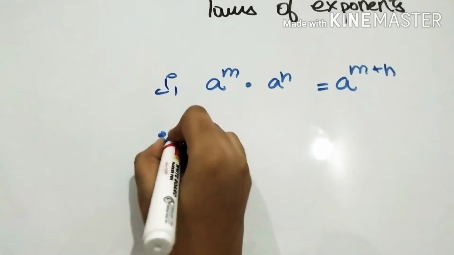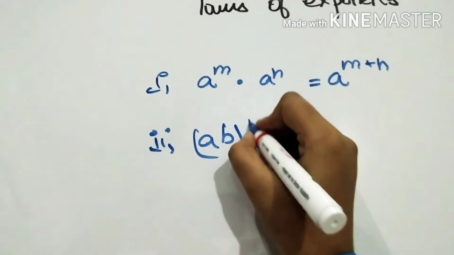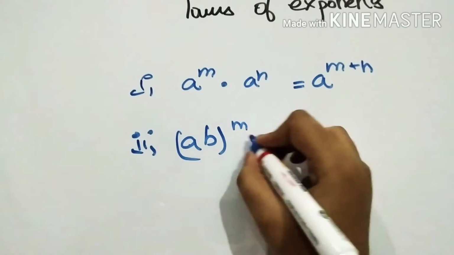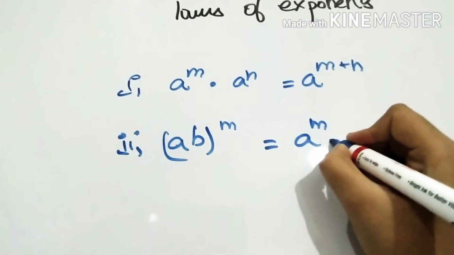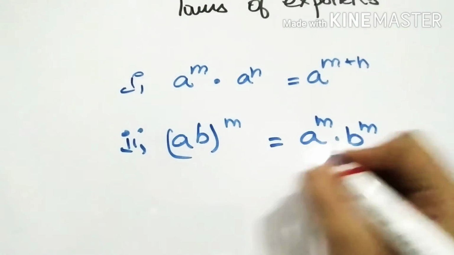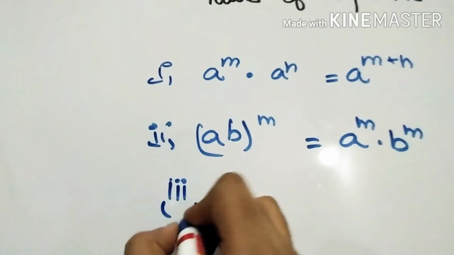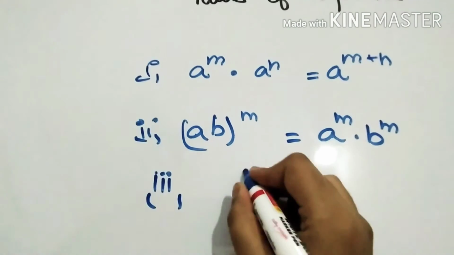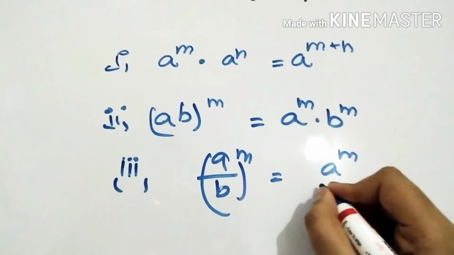The second one is a into b whole power m is equal to a to the power of m into b to the power of m. The third one is a by b whole power m is equal to a power m by b power m.